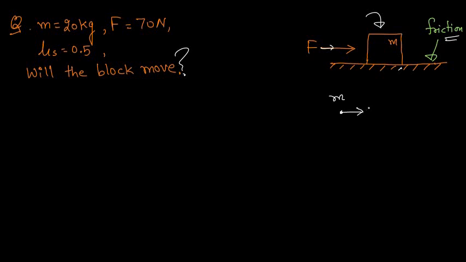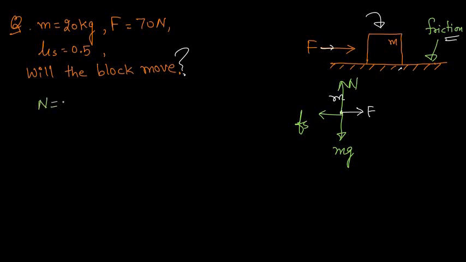A force F is applied in this direction, and there will be a mg gravitational downward force, and there will be a normal force N. The block will either move or not, but there will be a frictional force because the surface is not smooth. So let's call it Fs.